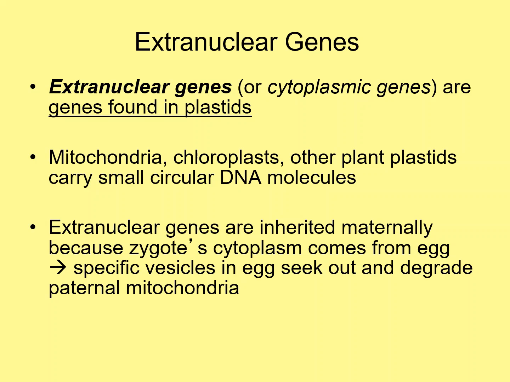So this is how folks can do, and we'll talk about this later when we get to forensics, when you have a DNA sample without any nuclear DNA, for example the shaft of our hair, which has no nucleus, but does have mitochondria. If you can extract that DNA from the mitochondria, then you can determine whether someone is the daughter of so-and-so.